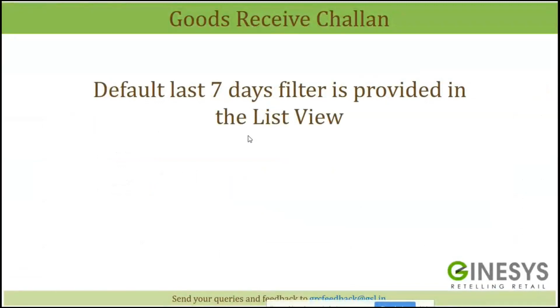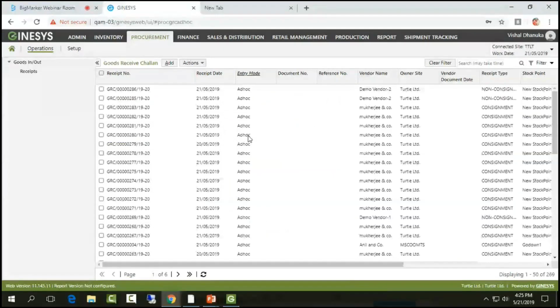A default last 7 days filter is provided in the list view. We all were facing issues whenever the transaction or the module has been opened, due to fetching of a large number of data for the receipt. By default, as of now, the data for the entire year or multiple years, if available, was fetched at the time of opening of this entry module, which was taking a lot of time.